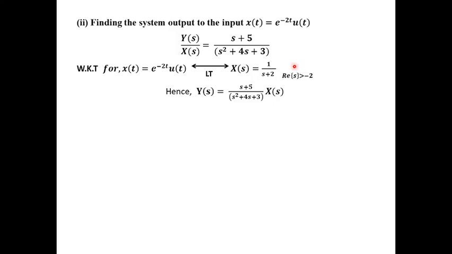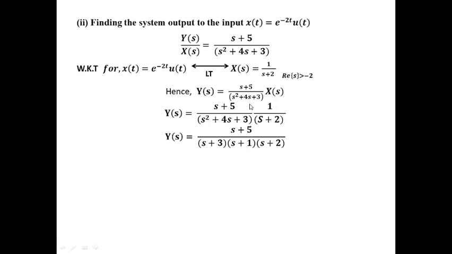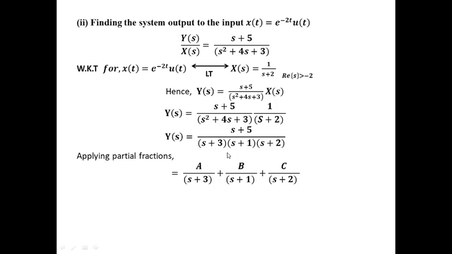Now you substitute this x of s, take it to the other side. So s plus 5 and multiply. So now you get this equation. Now from y of s, we have to take inverse Laplace transform and find y of t. To take inverse Laplace transform, we need to split this numerator and denominator by applying partial fractions. So applying partial fractions, A by s plus 3 plus B by s plus 1 plus C by s plus 2.